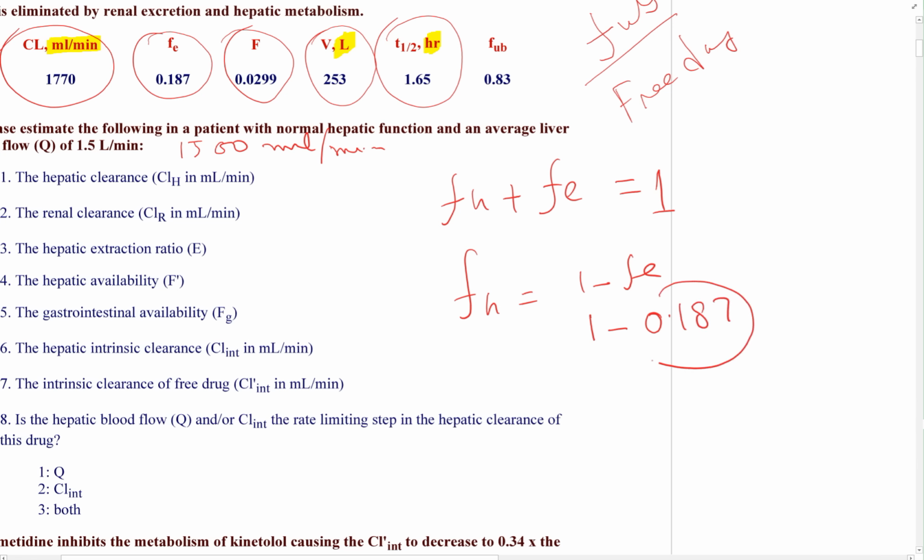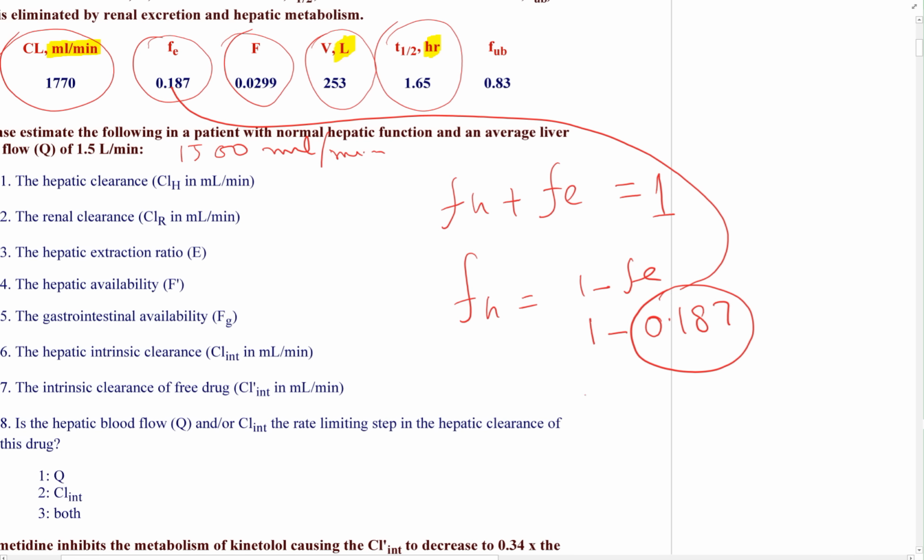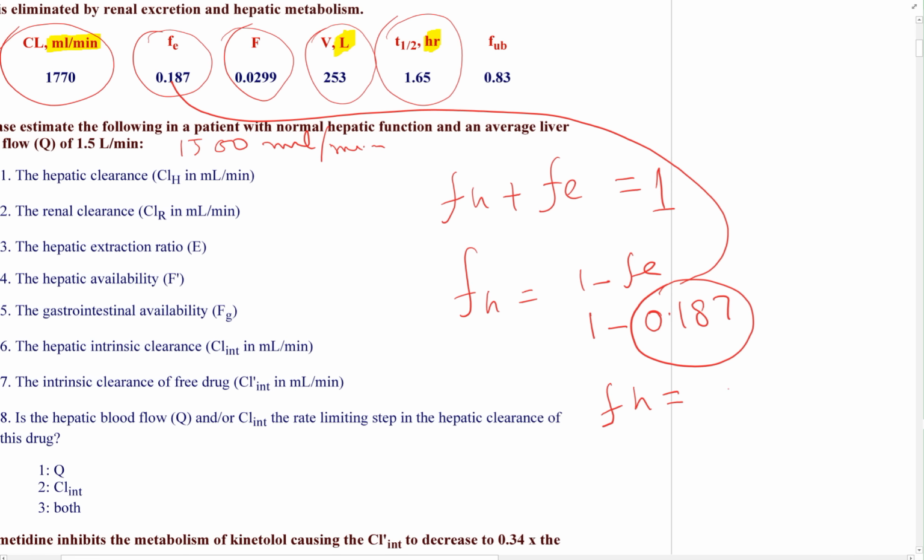This 0.187 comes from there. Okay, so now FH is equal to 0.813. So your FH, fraction hepatic clearance, is 0.813.